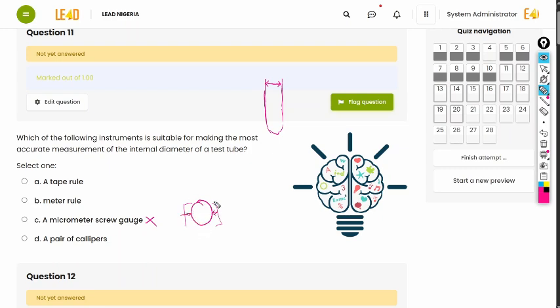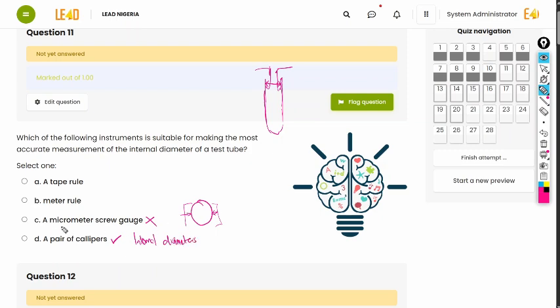But for internal diameter, your best bet is a pair of calipers. It has teeth that sit inside and are able to stretch out to measure. I think a picture of a pair of calipers would really help. But a pair of calipers, yes, is used for measuring internal diameters.